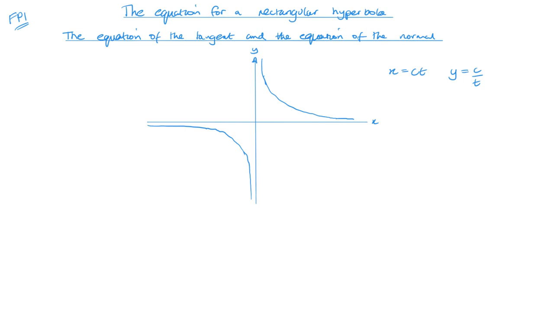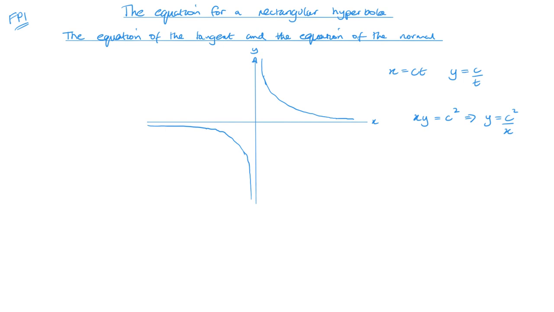And then the Cartesian equation of this curve is xy equals c squared, or y equals c squared over x, hence the 1 over x that I alluded to in the beginning.